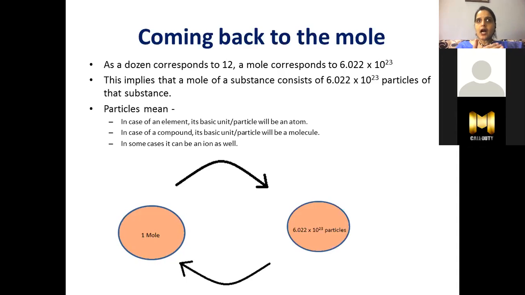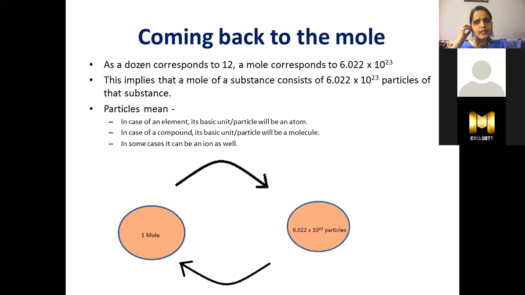Similarly, when I say I'm going to use 1 mole of sodium, that will mean in my reaction 6.022 into 10 raised to 23 atoms are going to participate. This implies that a mole of a substance consists of 6.022 into 10 raised to 23 particles of that substance.